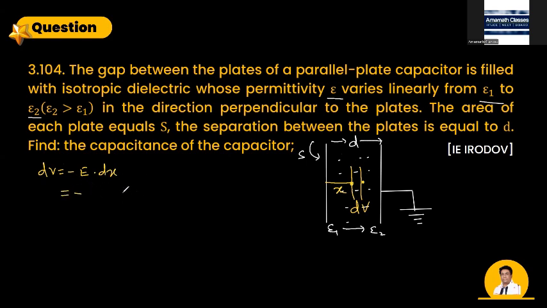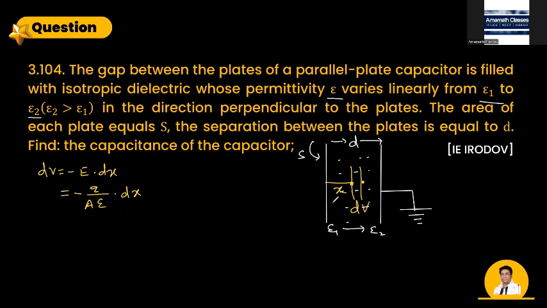Now it will be the charge over epsilon, but I will not write epsilon naught because now the permittivity is epsilon only. So Q by A epsilon into dx.